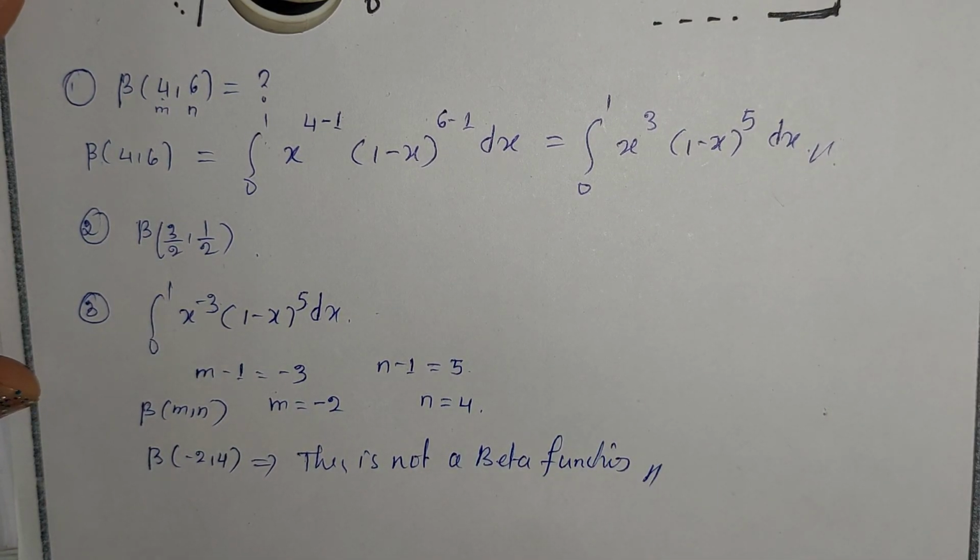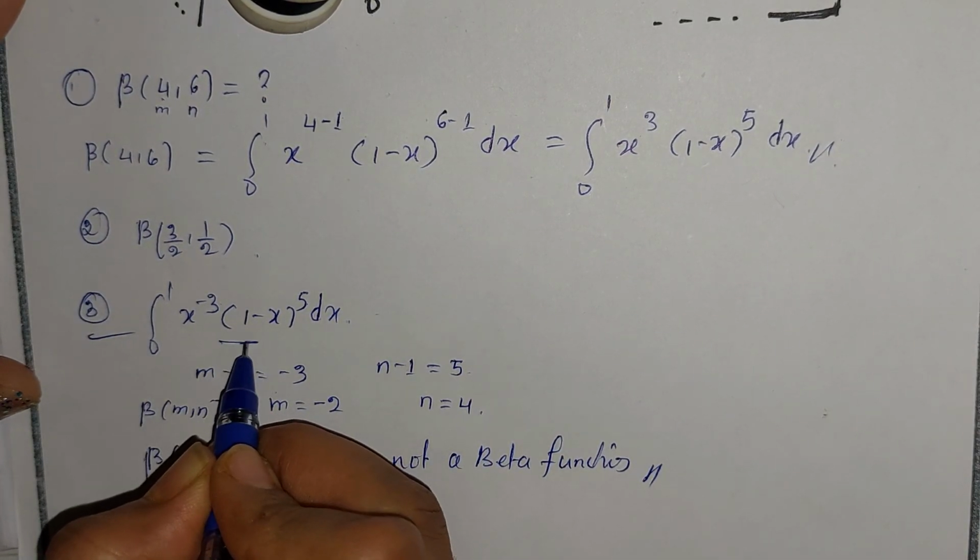Why? Because we know that in the formula m should be greater than 0 and n should be greater than 0. Here m is less than 0, so this is not a beta function.